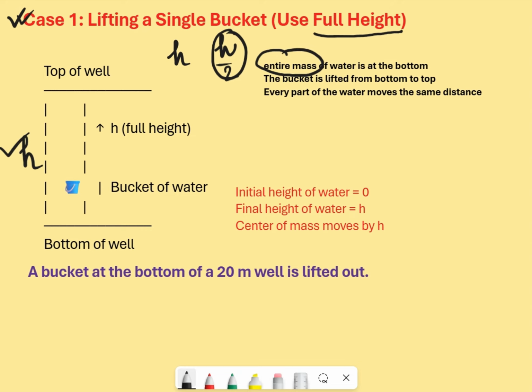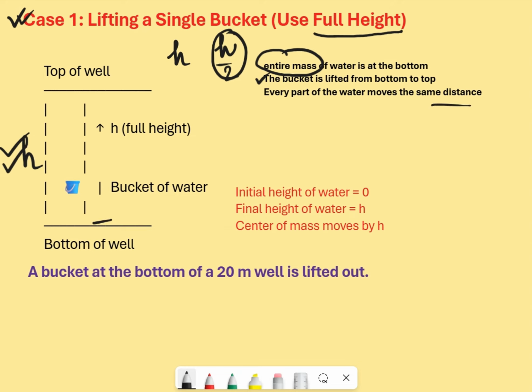If a bucket we are using, or maybe a pump, and we have to lift all the water from the bottom, it means point number 2, indeed we also use H. Every part of the water moves the same distance.